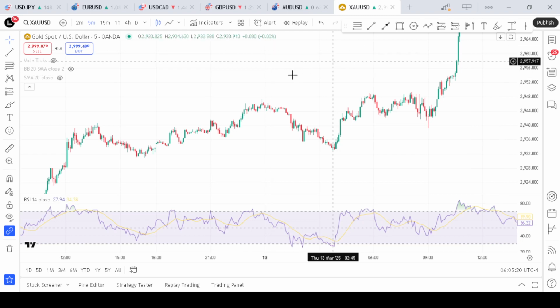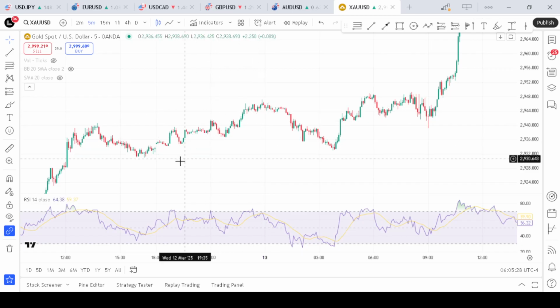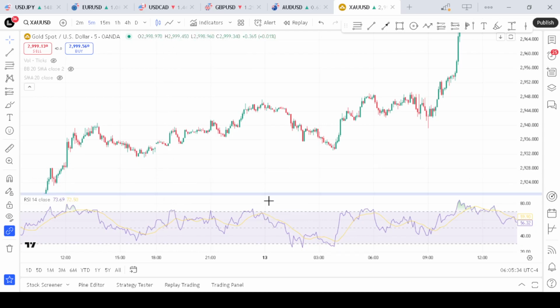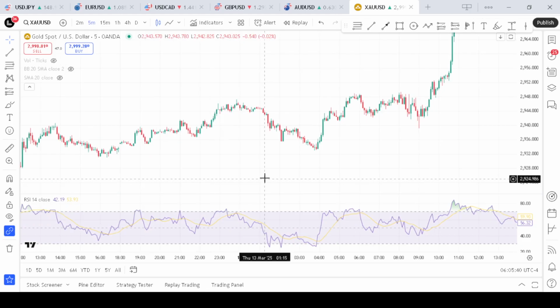Now, the proven 5 minutes forex scalping strategy for gold is very easy because this approach has been refined to capitalize on the unique characteristics of gold, offering you a structured method to potentially capture quick profits in short time frames.